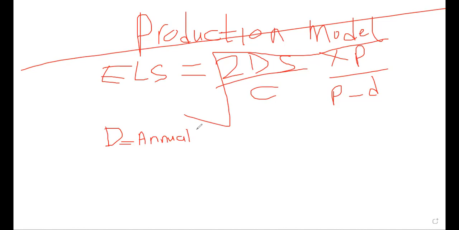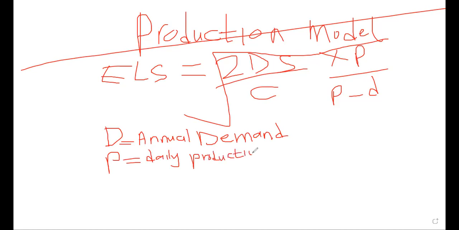Our P is our daily production, and this one is our daily demand. Then our C is holding cost.